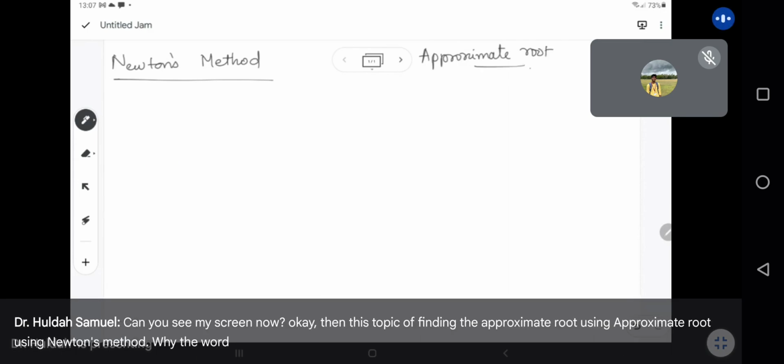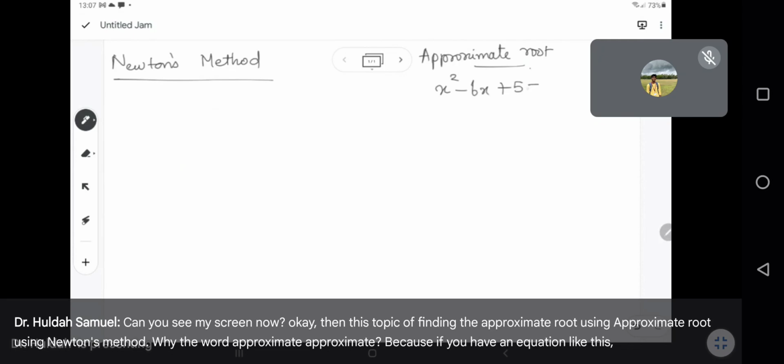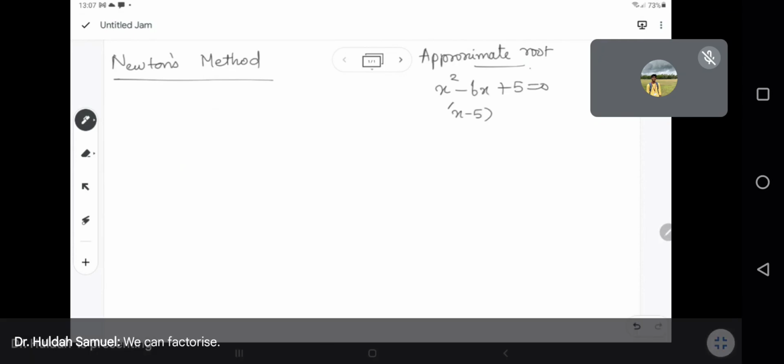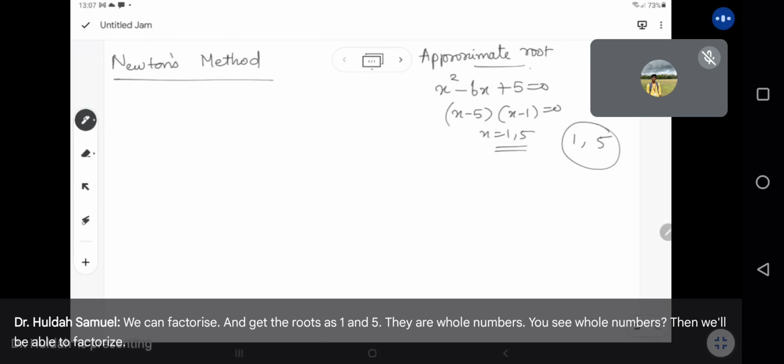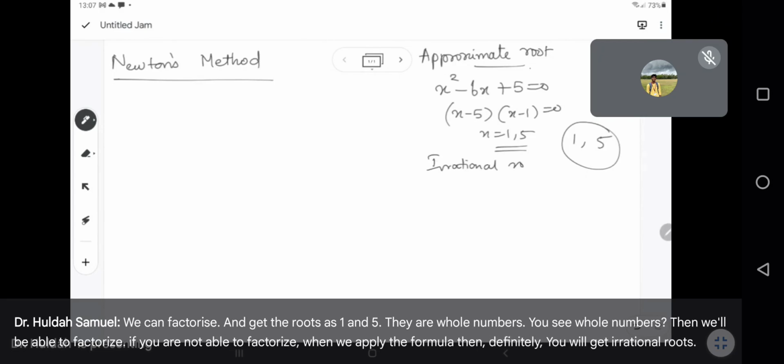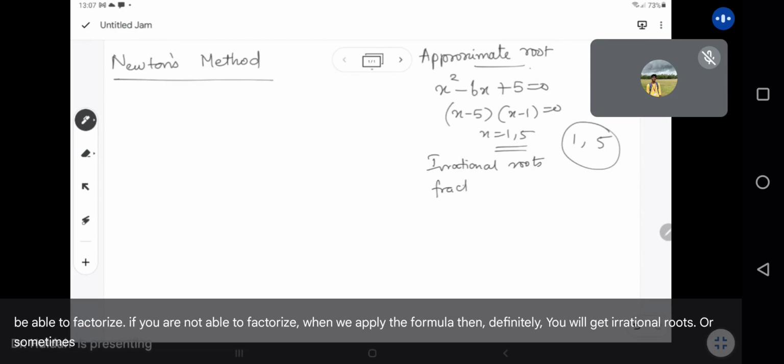Why the word approximate? Approximate because if you have an equation like this, we can factorize and get the roots as 1 and 5. They are whole numbers, you see, whole numbers. Then we'll be able to factorize. If you are not able to factorize, when we apply the formula, then definitely you will get irrational roots or sometimes fractions as roots, and then sometimes imaginary roots as roots.